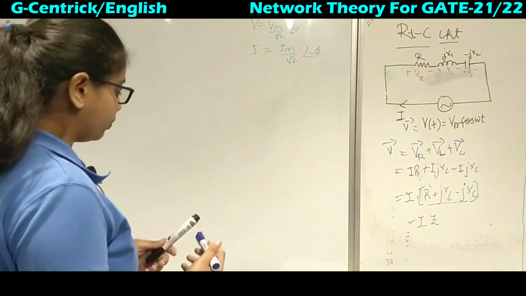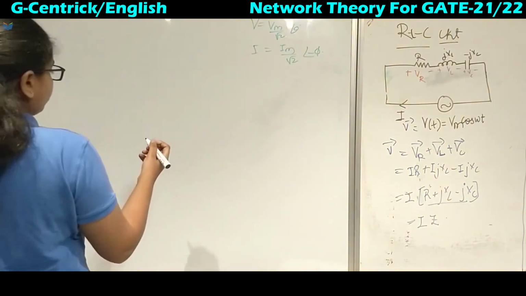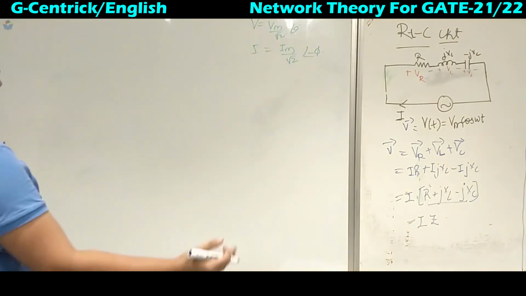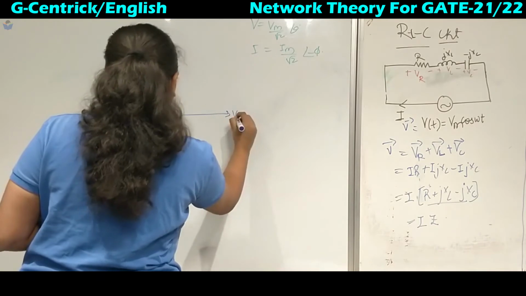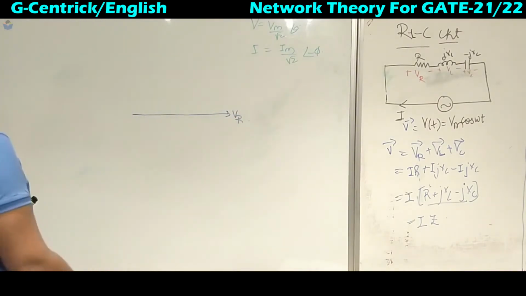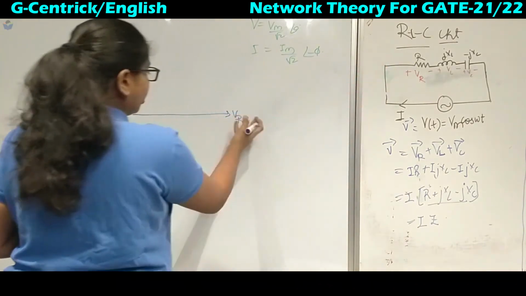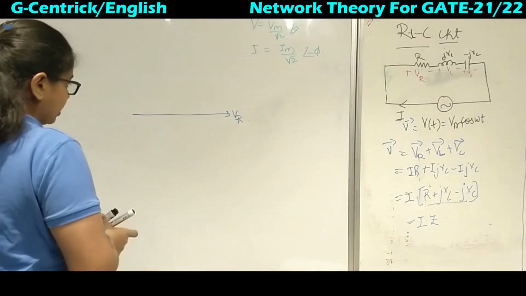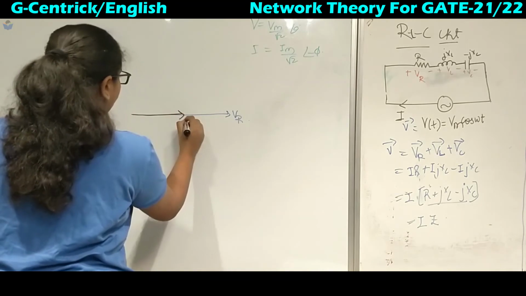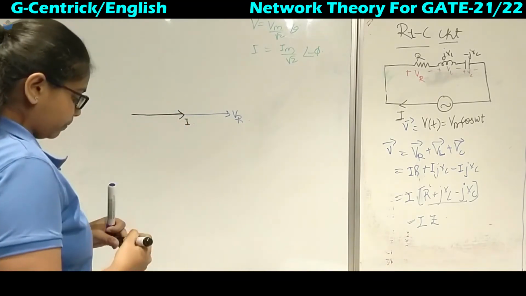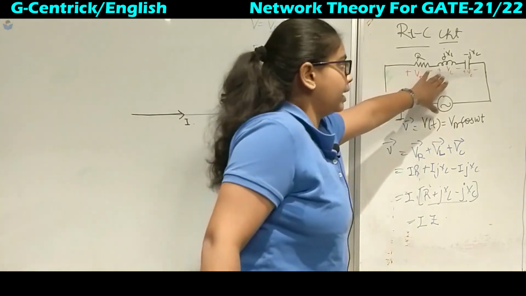Coming to the phasor diagram of this one, first what is the reference that we will take? V. Here is VR. What is the magnitude of this one? Current I, they are always in phase. When it is a resistive network, they are in phase, so this will be I. Then it is going to the XL.